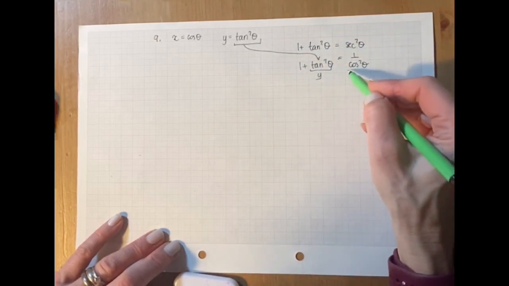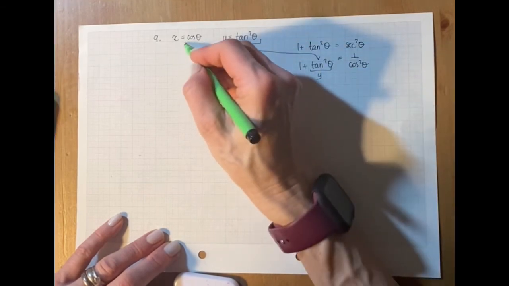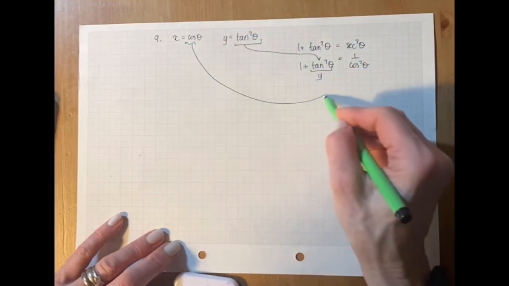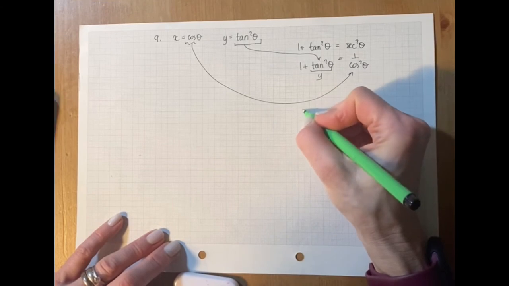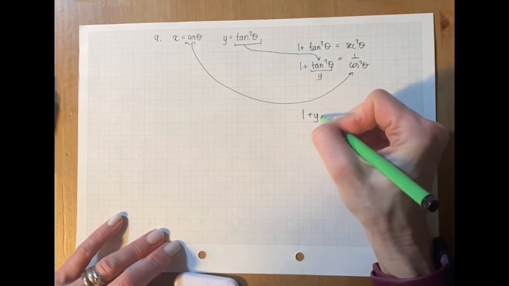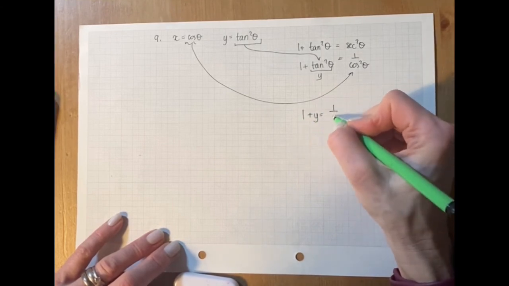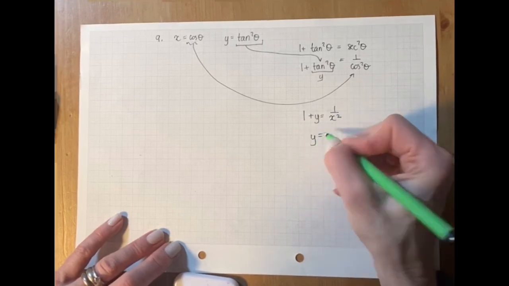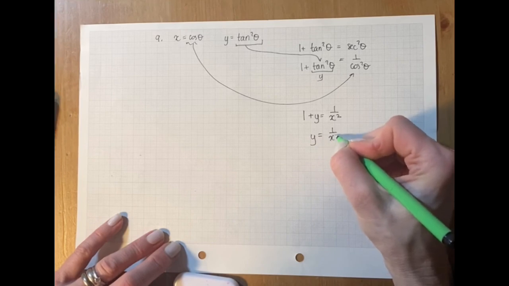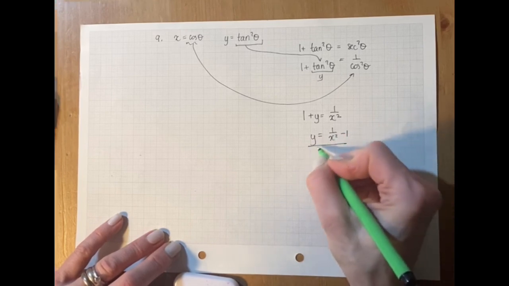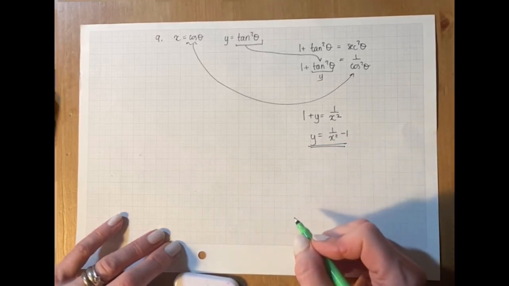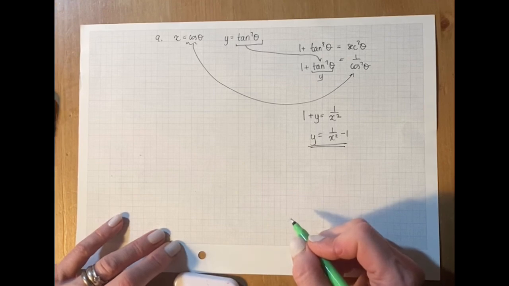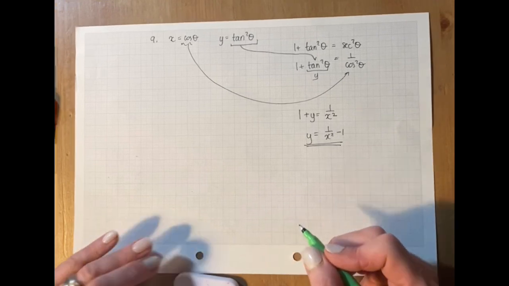And instead of cos here, I can replace that with x. So I will have 1 plus y equals 1 over x squared. Now clearly we want to make y the subject in this question, so 1 over x squared minus 1, and you are done. There you go.